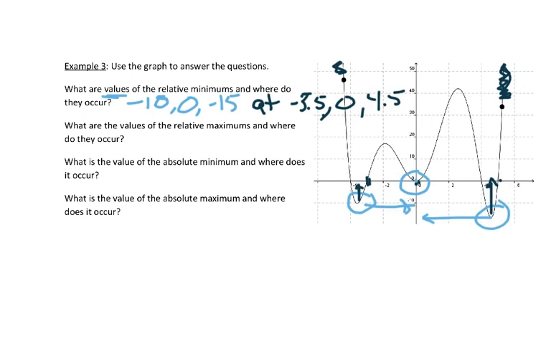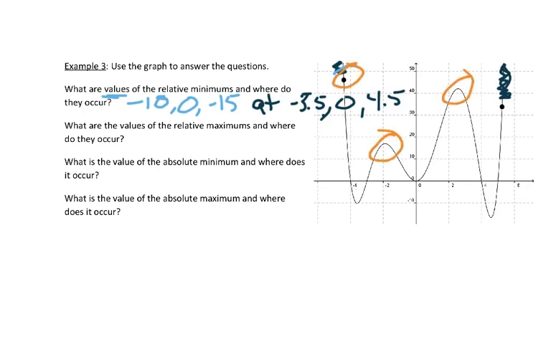Okay, so let's talk about the relative maximums now. So the relative maximums would be here, here, here, and here. So when you have endpoints, you need to think about those as being possible relative maximums or minimums. So the first part asks for values. Again, that's a y value. So if we look over here, that looks like maybe 45.